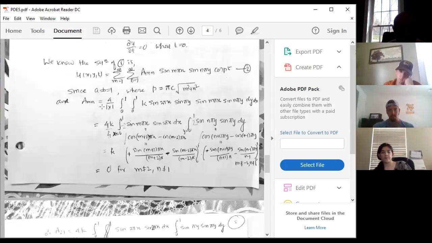Now, 4 divided by 1 times 1, since A is 1 and B is 1, f of xy is this one, sine m pi x by A, but A is 1, and n pi y by B is 1, so this one. Actually, I didn't want to give this calculation, but then I changed my mind.